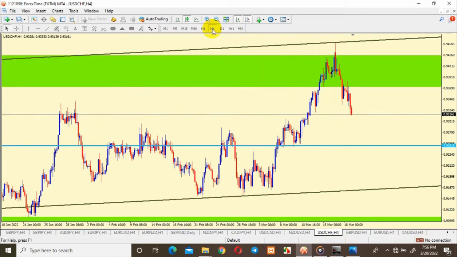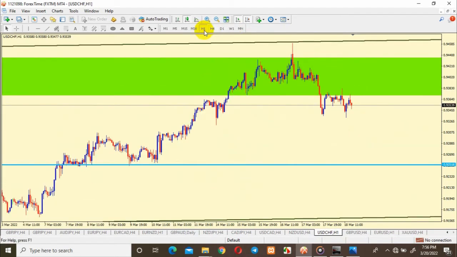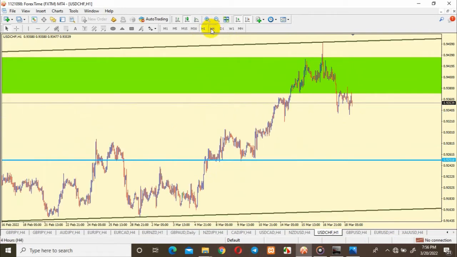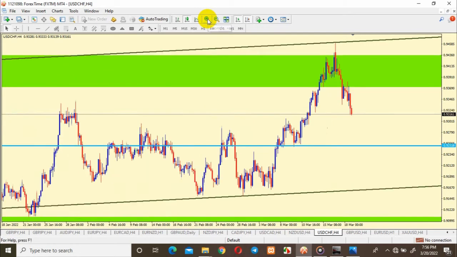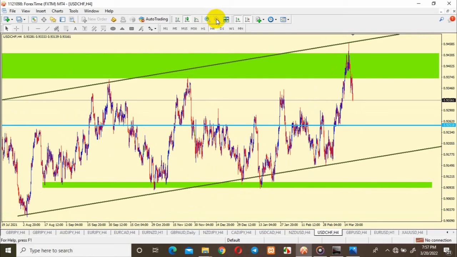So what do we expect next week? What do we expect on our chart next week? Now, what I will expect on this price chart. Look at this. If you see here, you see that we have this guy playing out in this zone.